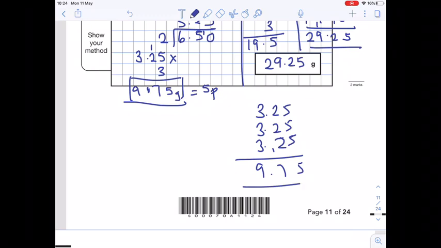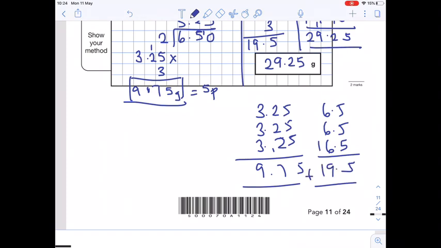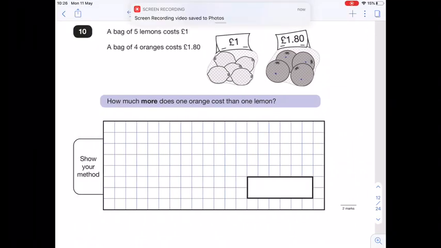That's fine as well. Either way is fine. And then done the same with the 10p coins, and then added those together to get the answer. If you're not sure, just go over it again, rewind, just go over it again. Okay, moving on to number 10.